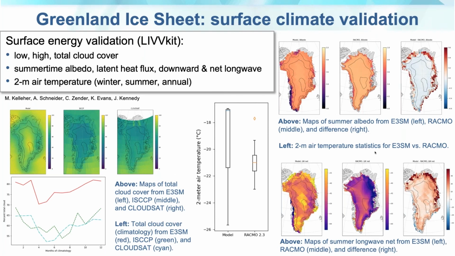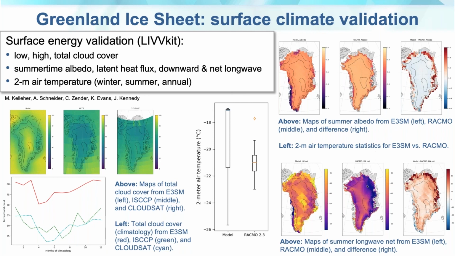Some of the surface energy validation that we've started to look at. You can look at things like low, high, and total cloud content over the ice sheet, albedo, latent heat flux, downward and net longwave. These are all important aspects of summertime melt in Greenland. And you can see some comparison plots here and some bias plots.